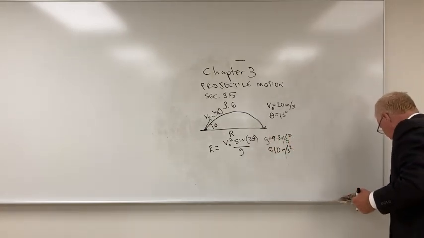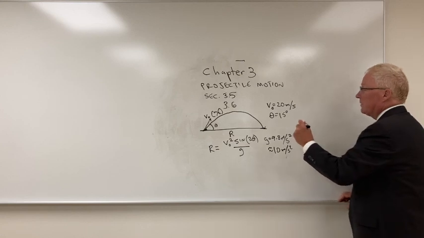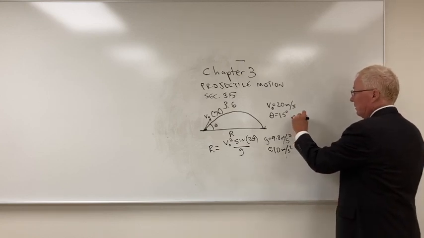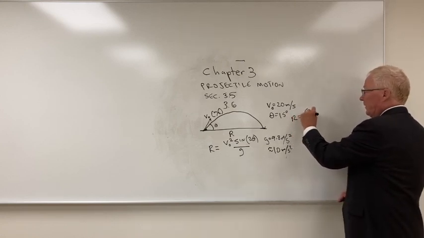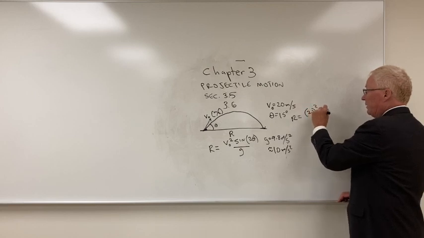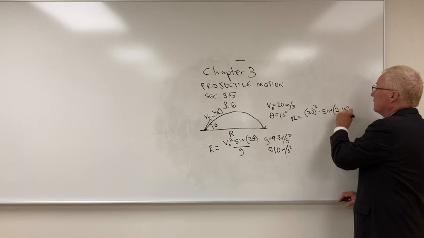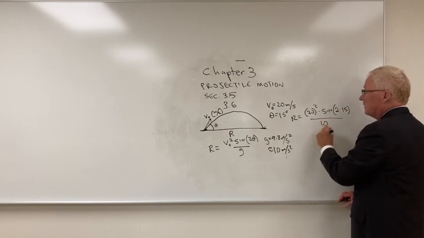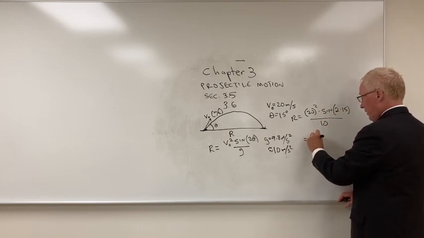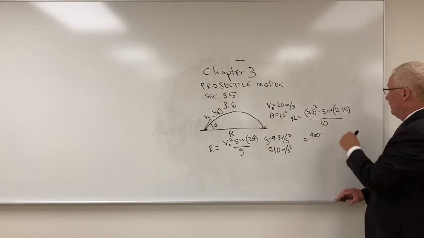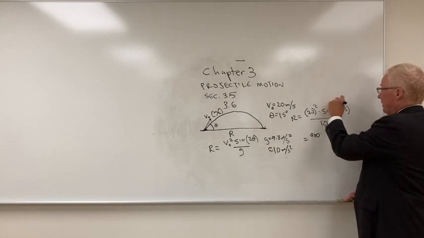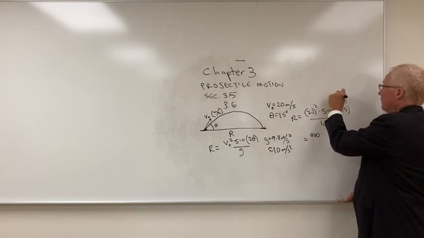So in this case, the range will be v squared, so it'll be 20 squared times the sine of 2 times 15 over 10, which would be 400. The sine of 15, this is actually 30 degrees.